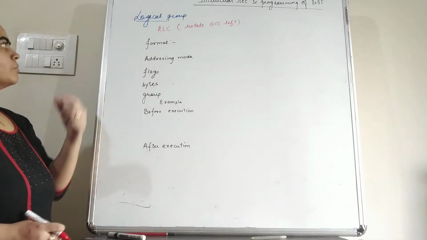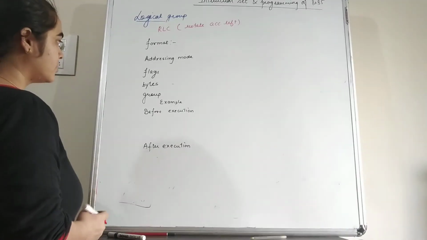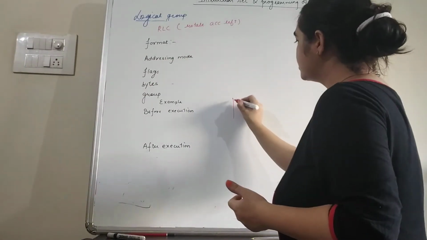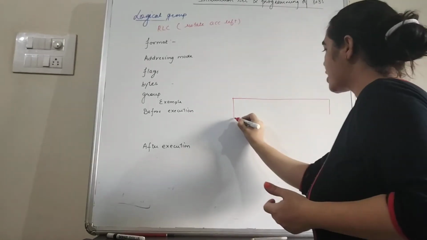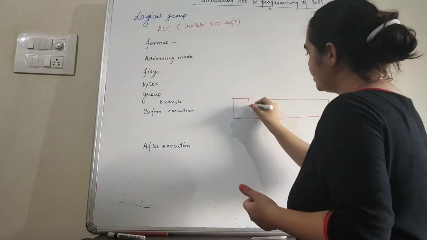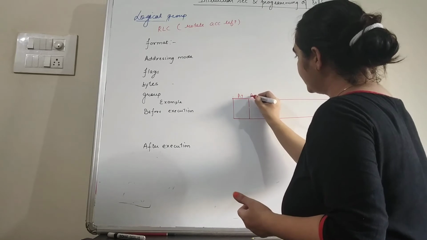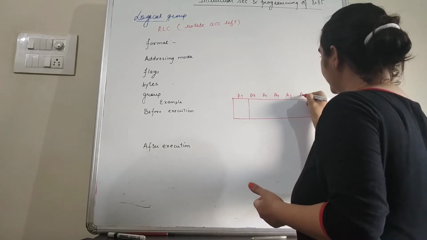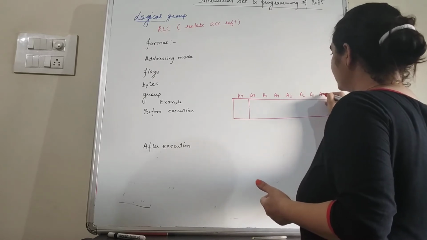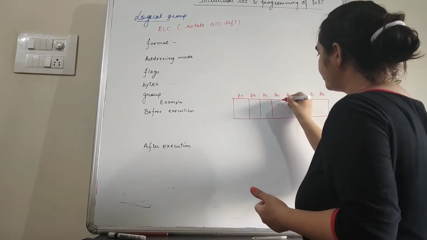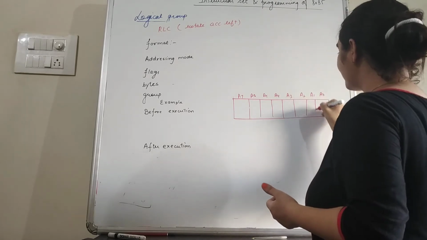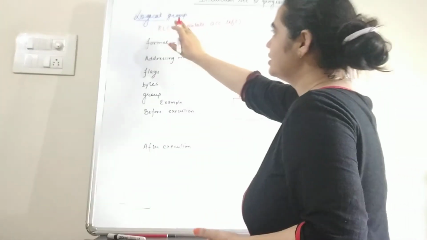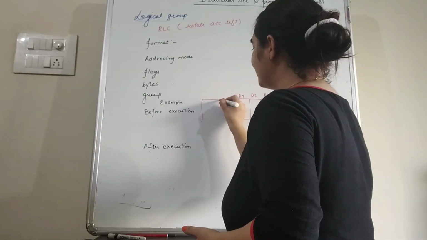So first we can see the format of this instruction. For that you can see we have an accumulator, and the accumulator has 8 bits. So this is A7, then A6, A5, A4, A3, A2, A1 and A0. So these are the 8 bits of the accumulator, and in this instruction the carry flag is also used.